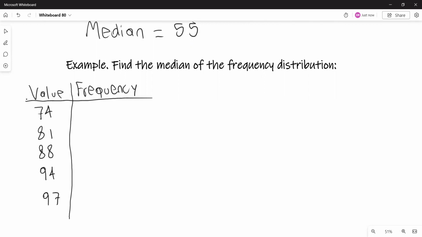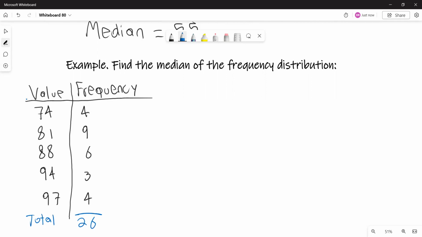Okay, so those are the values, and the frequencies are 4, 9, 6, 3, and 4. So when you add the total, you have 26 data values.